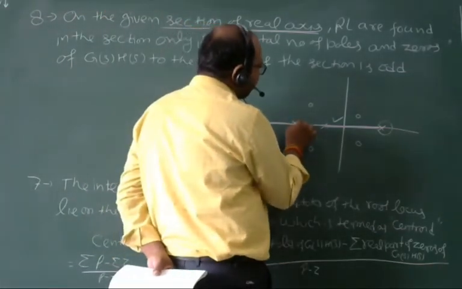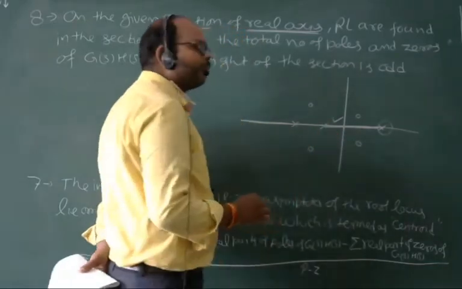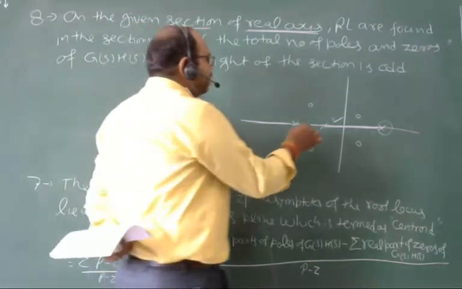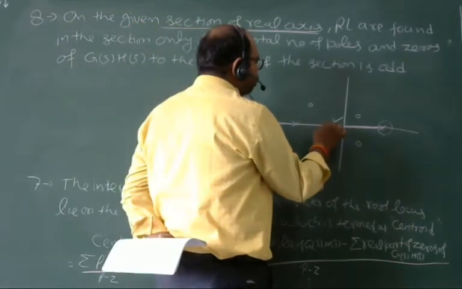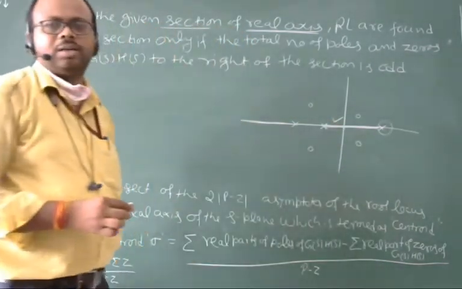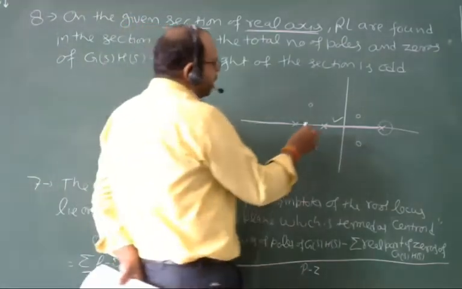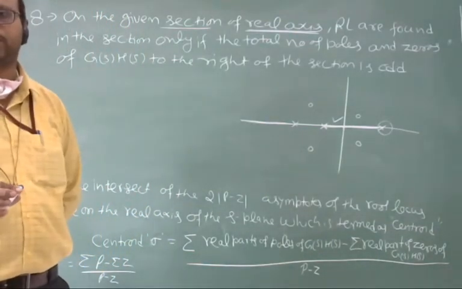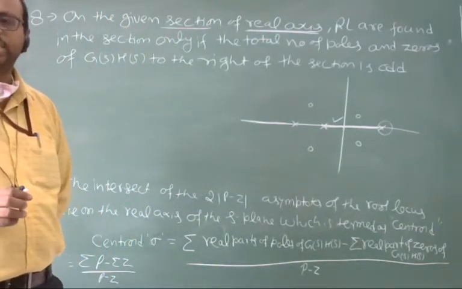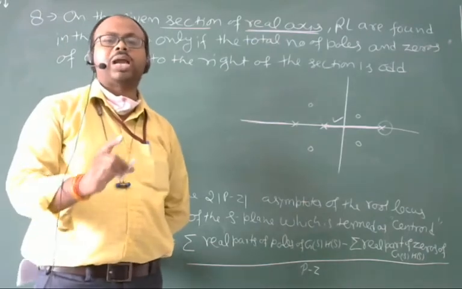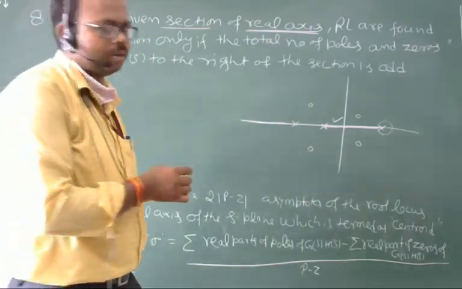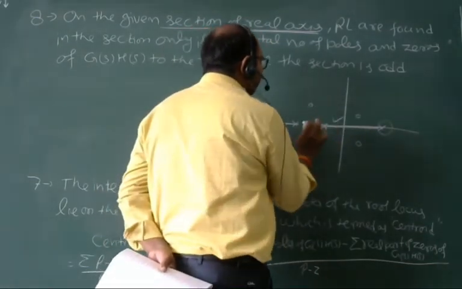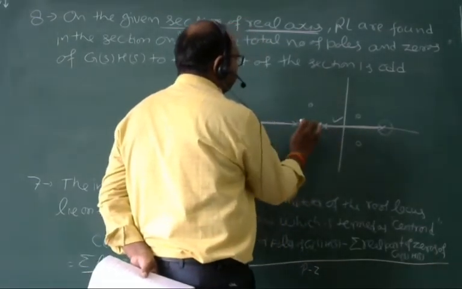Here in this section, again we check the number of roots in the right of the section. In the right of this section there are 1, 2, 3, 4 roots. So the number of roots in the right of this section is even. Therefore in this section there will not be any root locus.